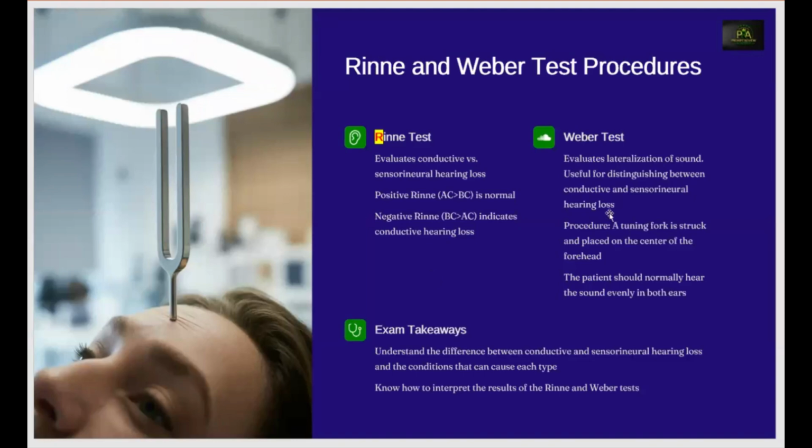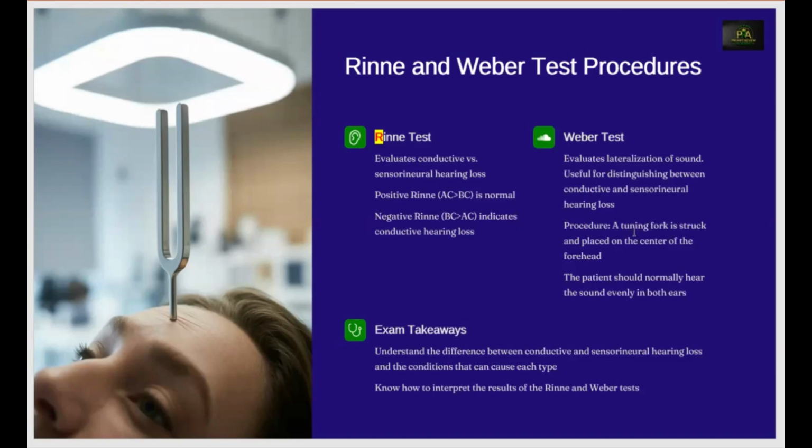But in Weber, there is no lateralization, which means the sound will be heard equally in both ears. But when the sound becomes louder in one ear, or lateralizes to the affected ear, that means there is a problem. That means something is going on.